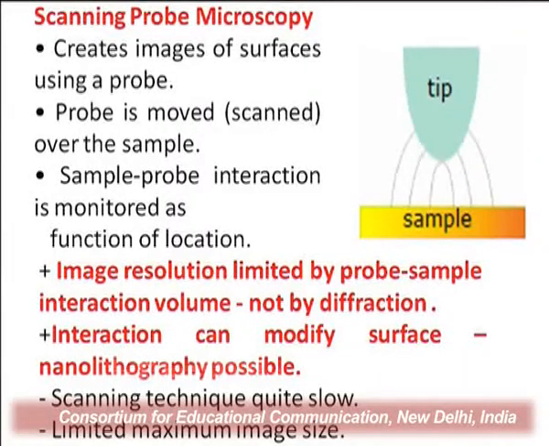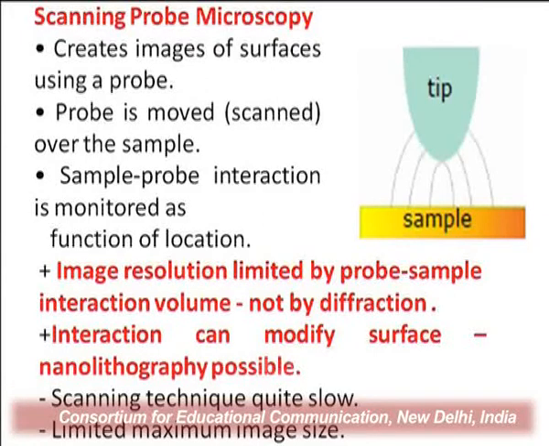On the right-hand side we are seeing a tip. That tip is the probe that is near the sample, and this tip scans the sample and produces the image of the material or the film over which it is moving.